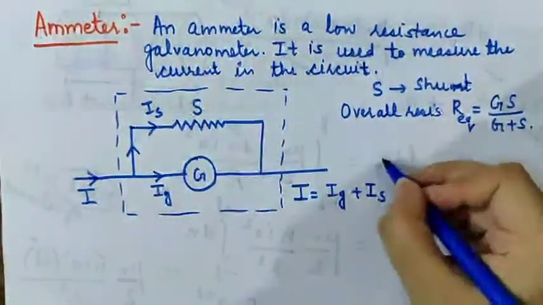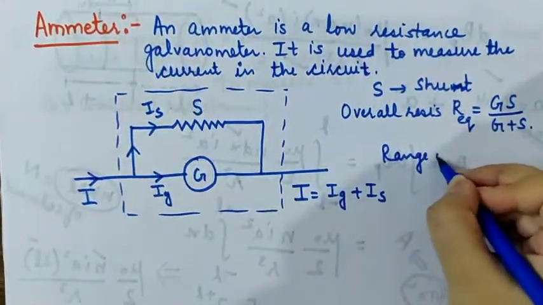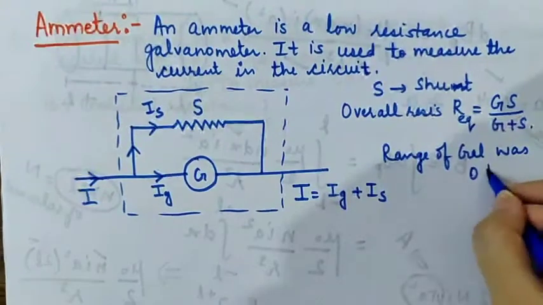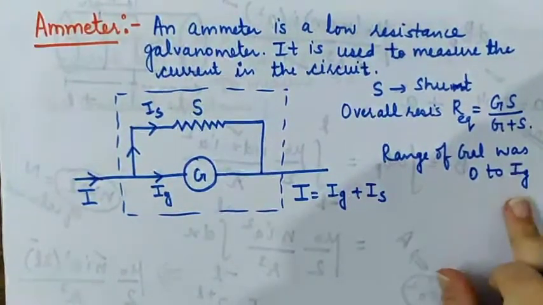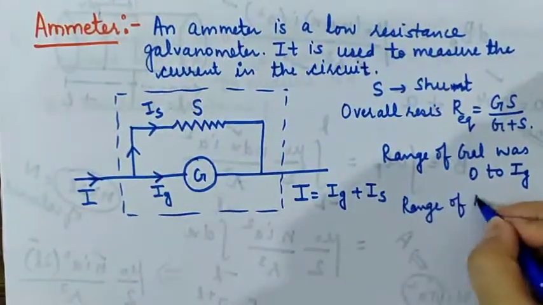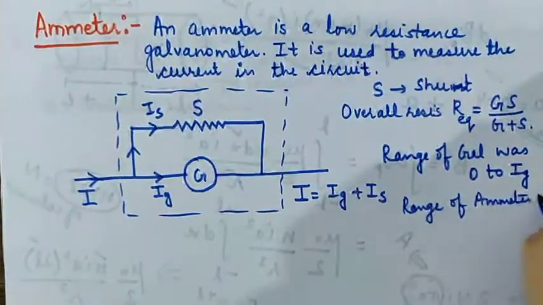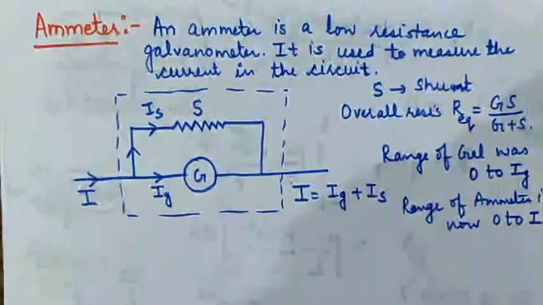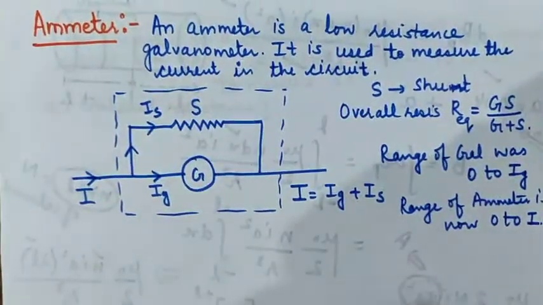So if earlier the range of the galvanometer was 0 to maximum Ig, now the range of the ammeter has increased to 0 to I.